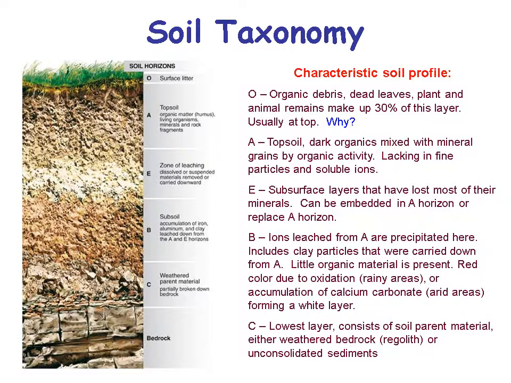Right under that is what we call topsoil, and it's a dark organic area. It's mixed with mineral grains. It doesn't have as many fine particles and soluble ions. That's where the richness of the soil is.